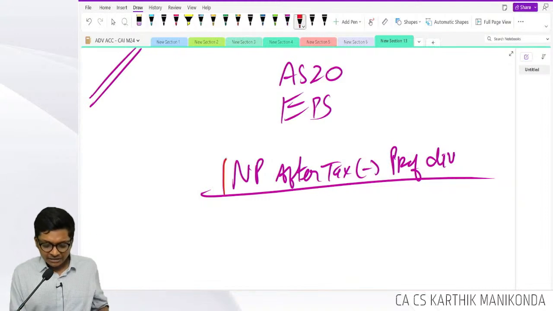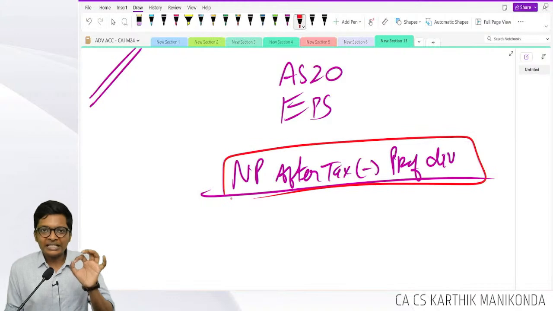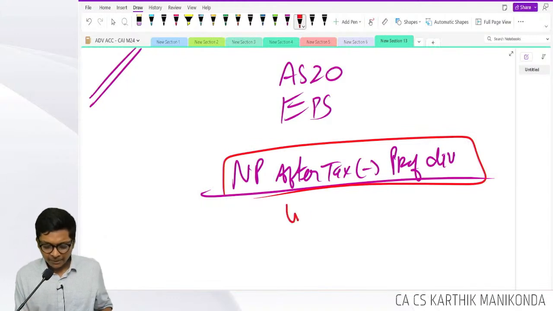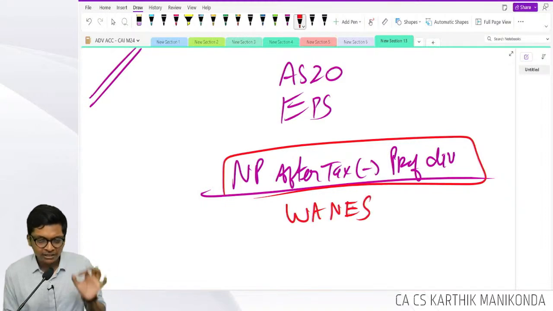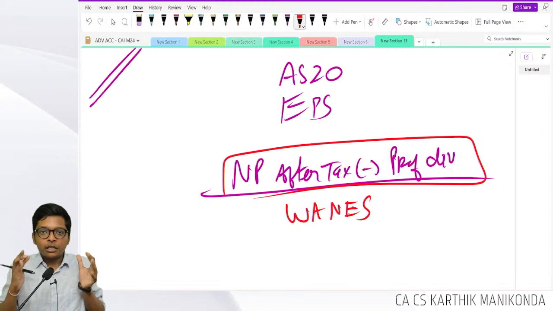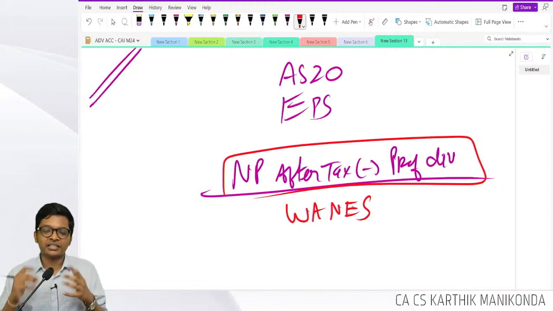In other words, this is called net profit available for equity shareholders, divided by the weighted average number of equity shares. I am not getting into the logic of how it is computed. Remember guys, AS 19, 20, 22 alone in a normal class is taken by me for 10 hours.